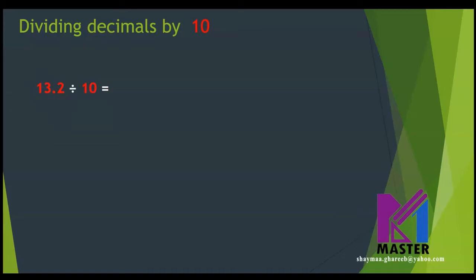When it is 1 place smaller, it will be in the units place. And this 3 is in the units place. So when it is 1 place smaller, it will be in the tenths place. And this 2 is in the tenths place. So when it is 1 place smaller, it will be in the hundredths place.